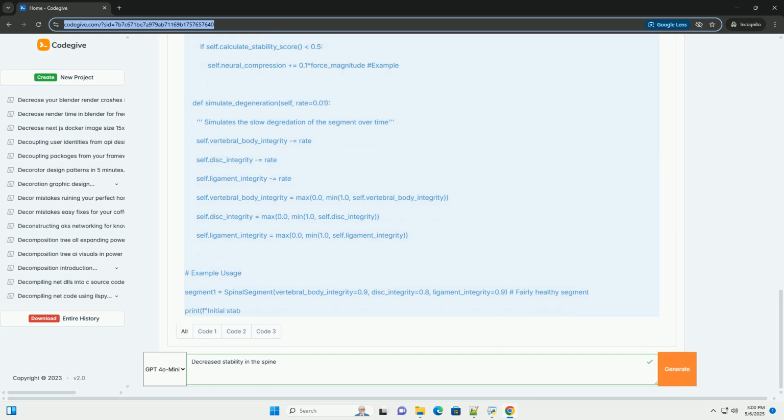Potential for progressive deformity, over time, the spine may gradually shift out of alignment. Neurological compromise, compression or irritation of the spinal cord or nerve roots. Chronic pain, persistent and often debilitating pain.